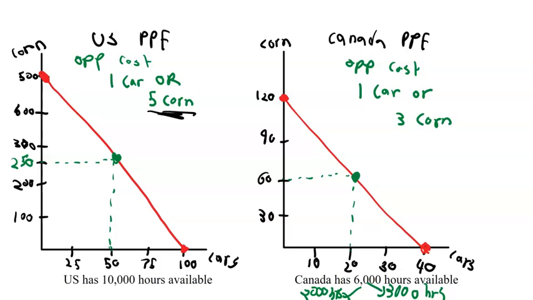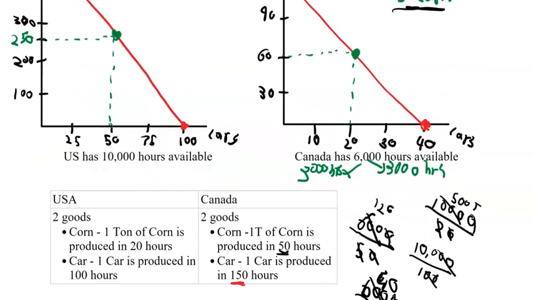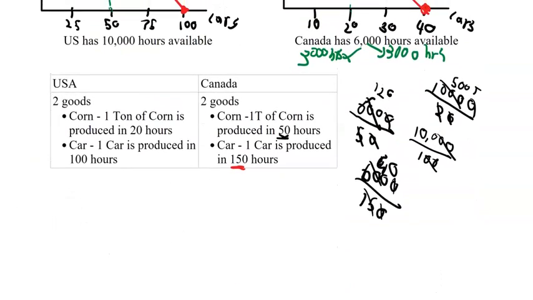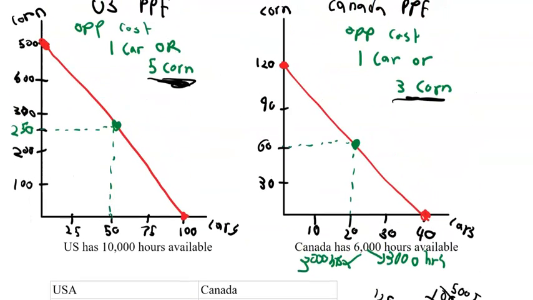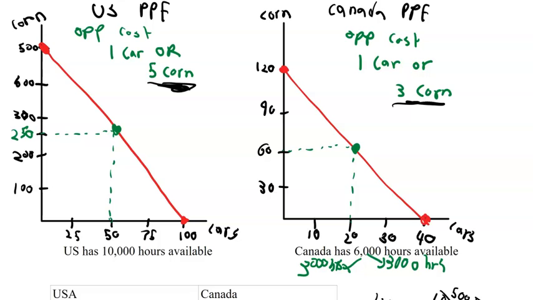I can produce 1 car for 5 corn, but I can buy 1 car from you for 3 corn. So the US says, let me buy the car from you and trade at a rate somewhere in between, instead of 5 and 3.